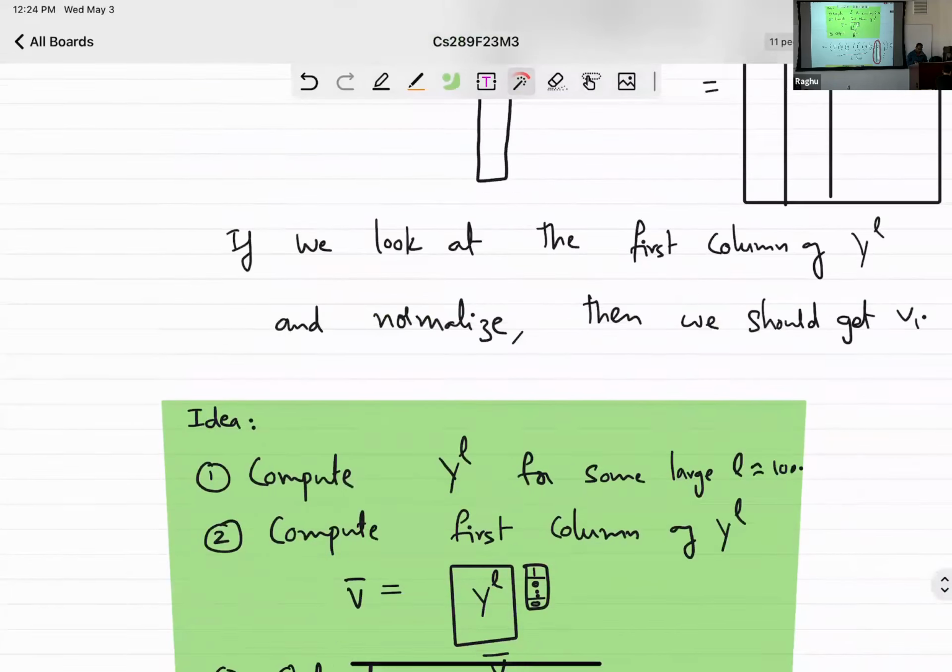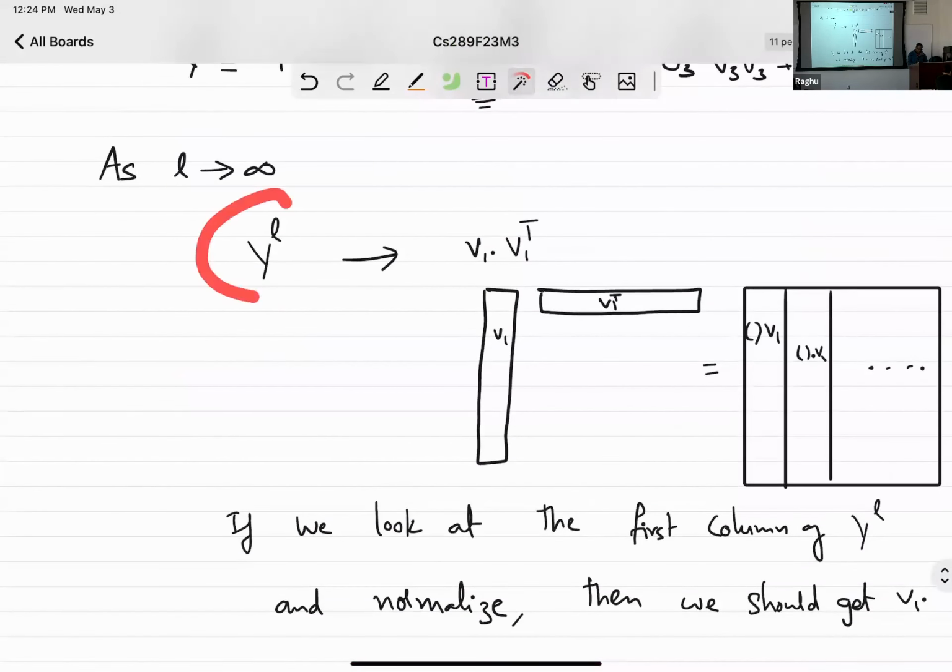The intuition we had was that the matrix to the power L should converge to this rank one thing, where every column is proportional to the top singular vector, and then we wanted to extract something from that. If we look at a single column, maybe we get unlucky and that column becomes 0. But all of these are along direction v1. So if you want to stop being unlucky in this case, you can just take a random combination.